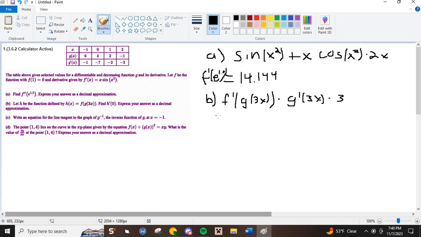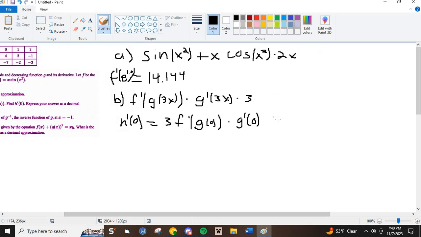And so that's h prime of x, and then you plug in h prime of 0. So h prime of 0 is 3 times f prime of g of 0 times g prime of 0, which is equal to 3 times f prime of 4.